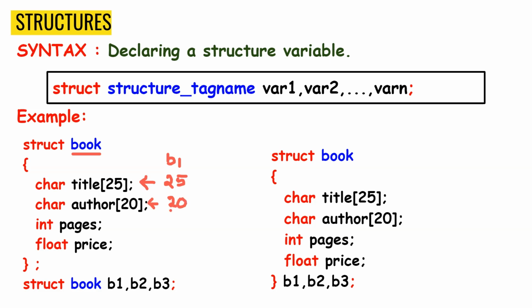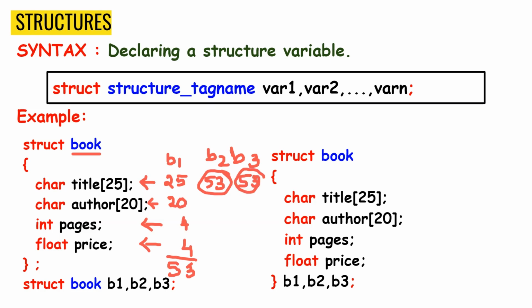For an integer, it requires 4 bytes. For float also it requires 4 bytes. Totally, the B1 variable occupies 53 bytes of memory. Similarly, for B2 and B3 the same amount of memory is allocated. So 25 plus 20 plus 4 plus 4, it requires 53 bytes of memory for these variables.